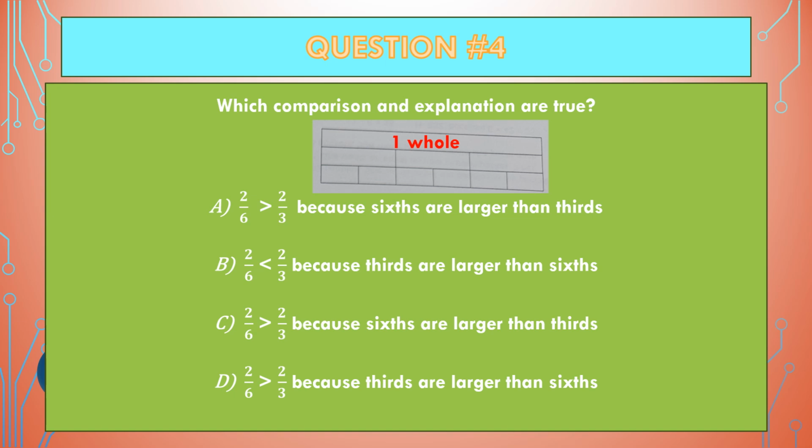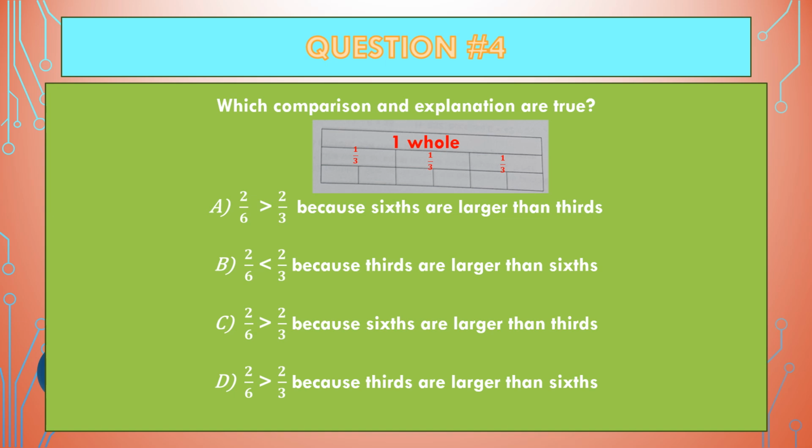Now let's look at that second line. That second line is divided, or partitioned, into 3 parts, which means it's partitioned into thirds. So each unit of this whole rectangle that's partitioned into 3 parts is equal to the unit fraction 1/3. Now let's look at the third line.